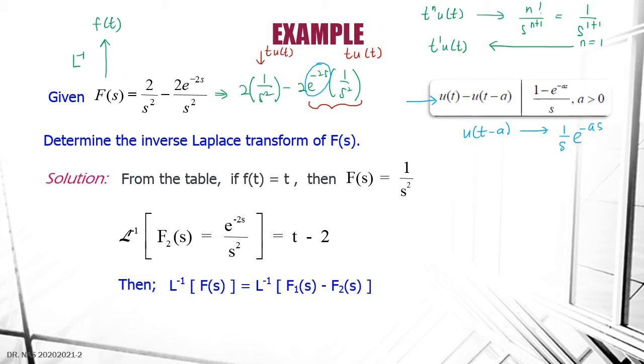In this case you have e to the minus 2s, so your a equals 2, so it is u(t minus 2). So all t will be deducted by 2, and the equation becomes (t minus 2) u(t minus 2).